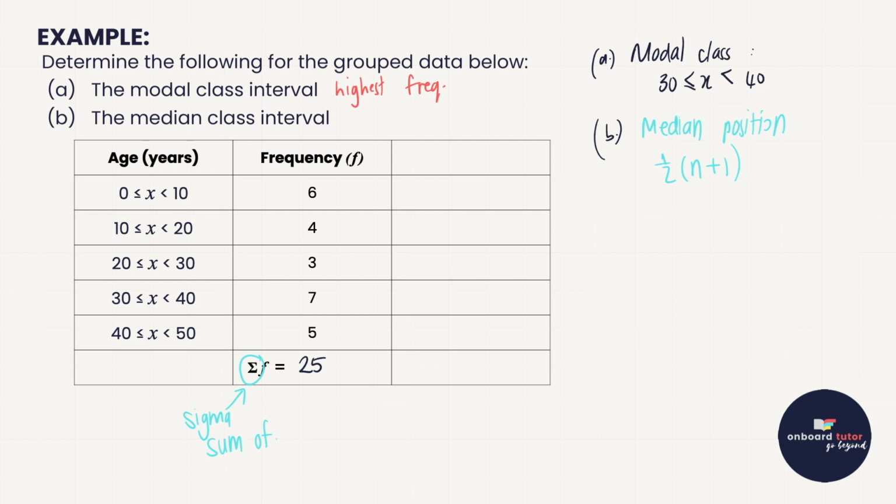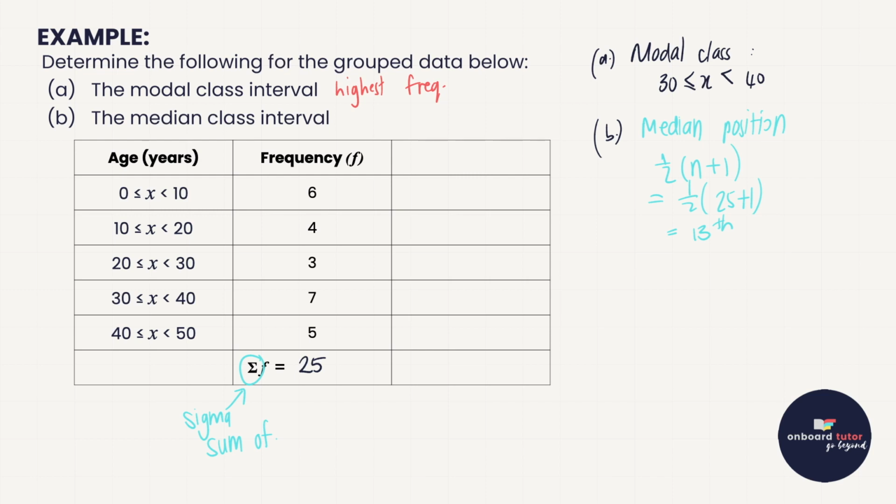So the fact that I've just worked out the sum of the frequency helps me, because that tells me there were 25 people in this data set. So a half times 25 plus 1, in other words, a half times 26 is 13. So the 13th person is where my median lives.